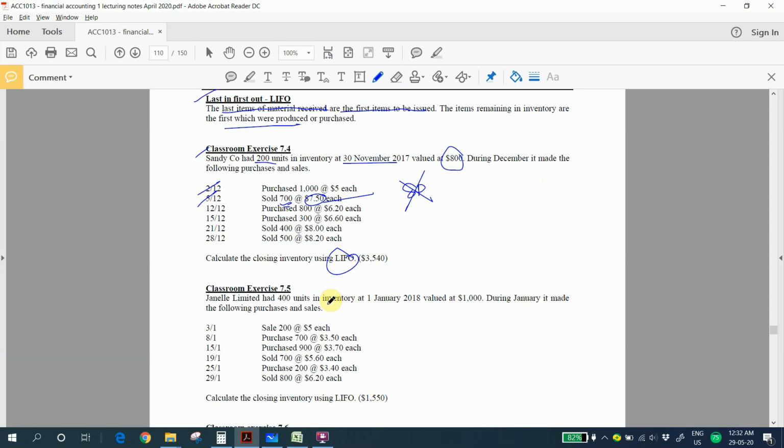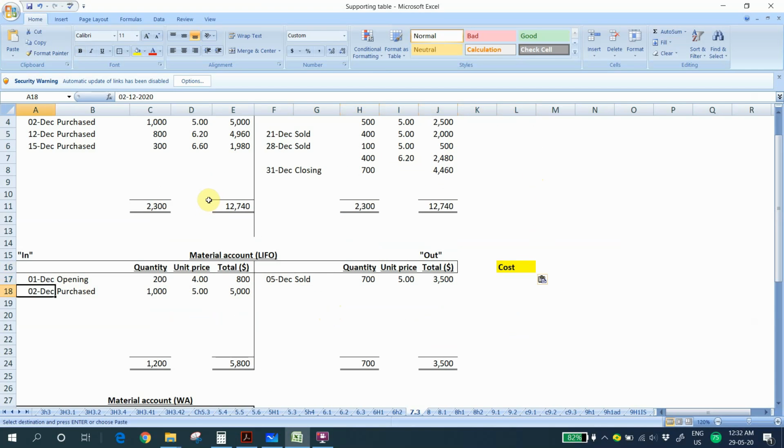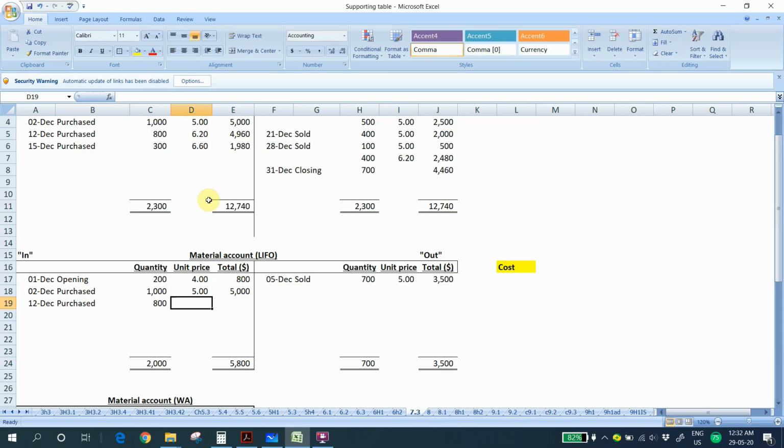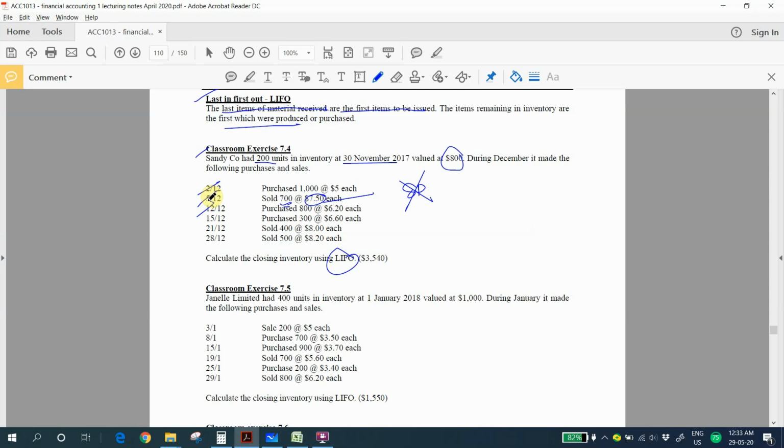Next, on 12th, we purchased 800 units at the value of $6.20 each, so total value 4,960. And on 15th, we purchase another 300 at the cost of $6.60 each.